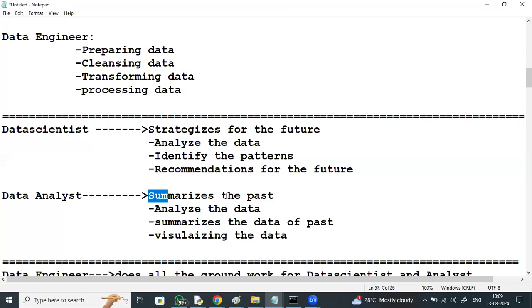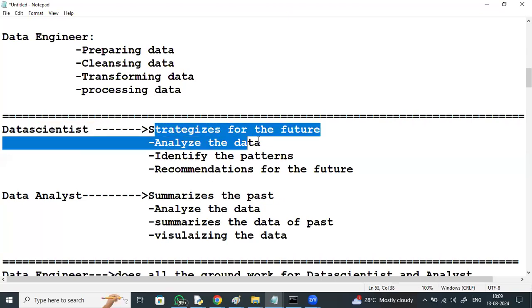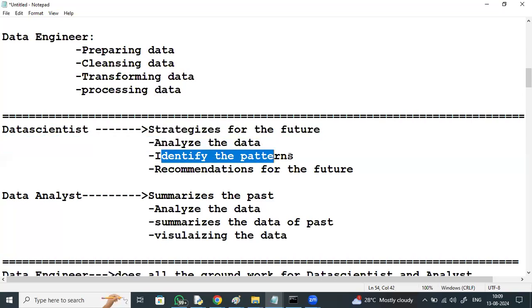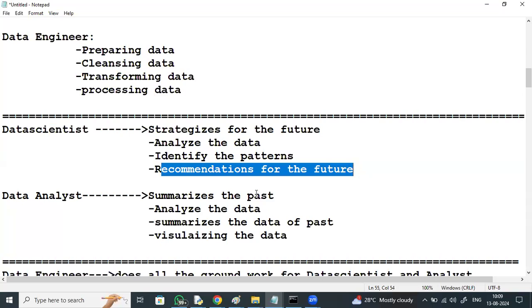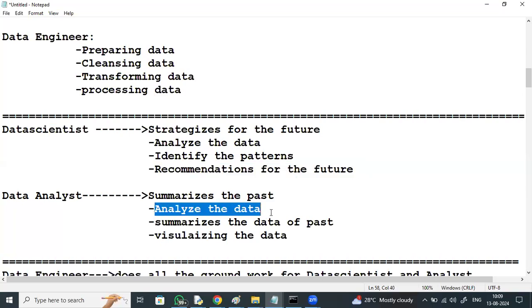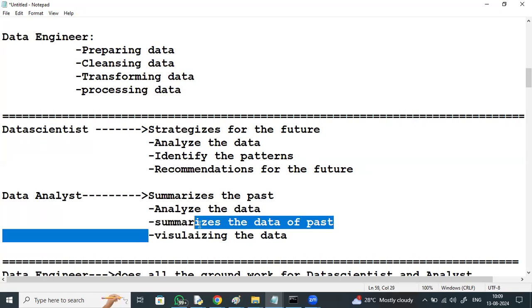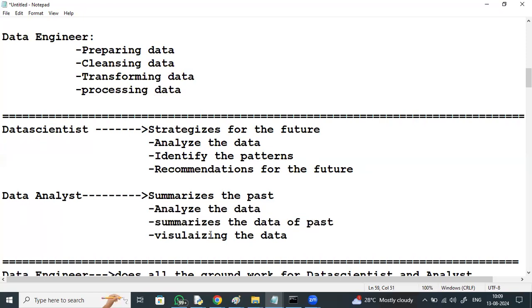The data analyst summarizes the past. So a data scientist generally analyzes the data, identifies key patterns, and makes recommendations for the future. But an analyst analyzes the data, summarizes the data of the past, and visualizes the data.